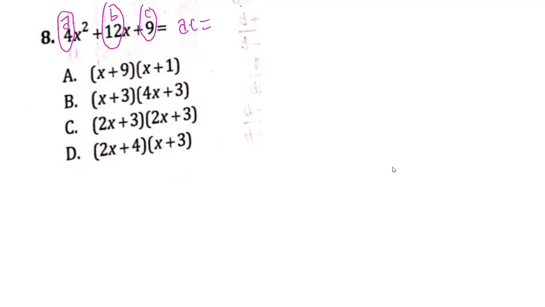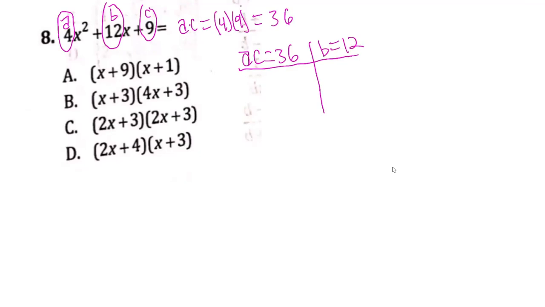Okay, so A, 4, times C, 9, is 36. So AC is equal to 36. All right, two numbers that multiply to 36, and my B is equal to 12. My two numbers that add up to 12.